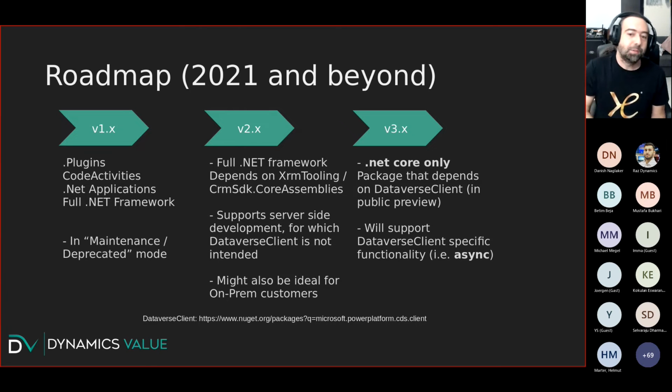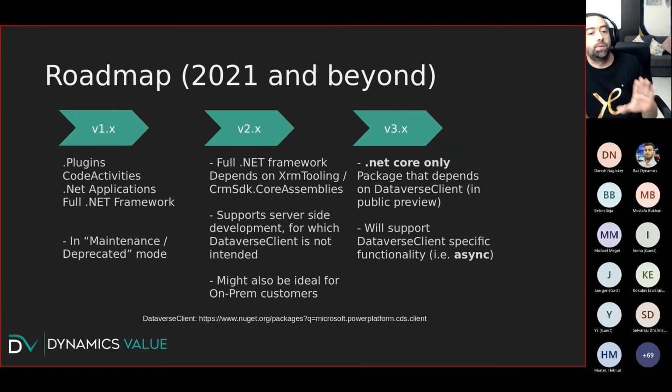Version 3 will be a .NET Core only package that will depend on the Dataverse client, as you can see, and it will support the very latest functionality, for example async support as well. But at the same time, we can have the two versions in two different branches.